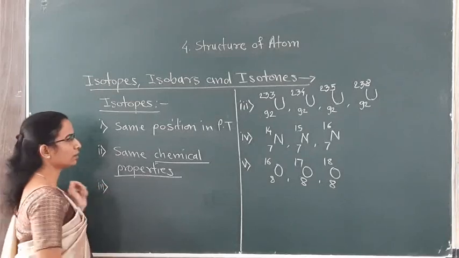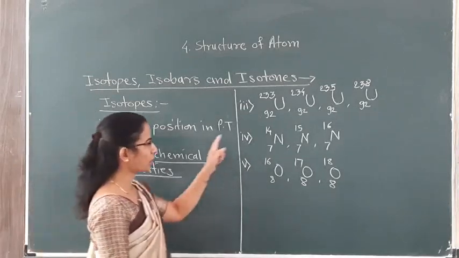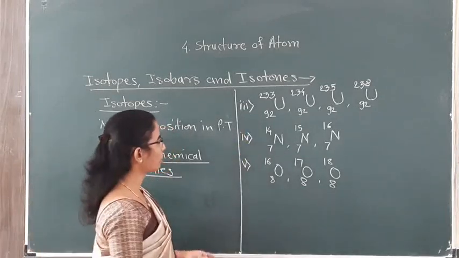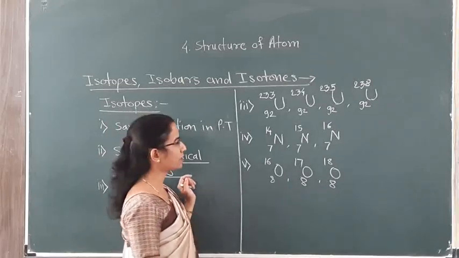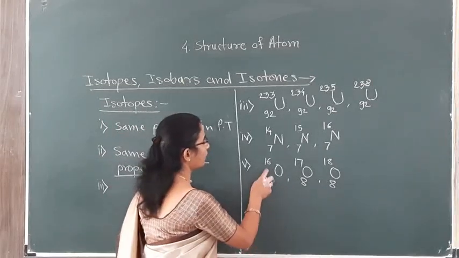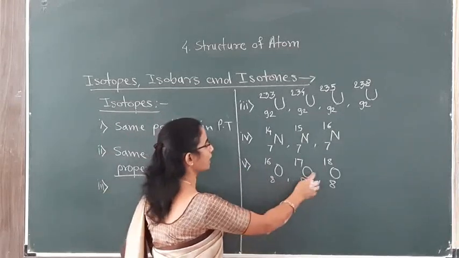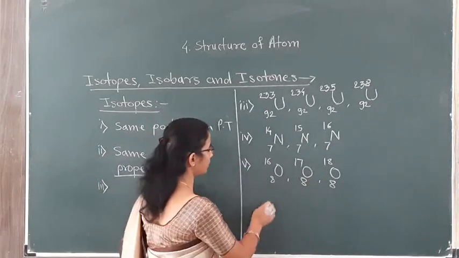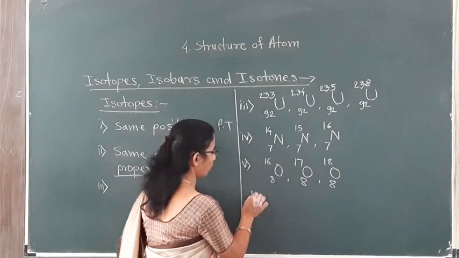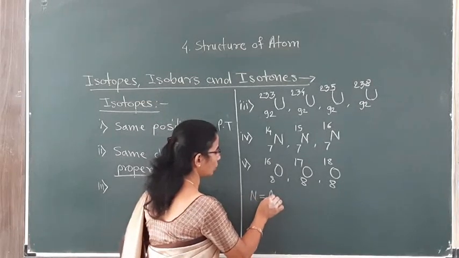Now let's see the third characteristic. Just count the number of neutrons present in these isotopes. I will show you the number of neutrons present in the different isotopes of oxygen. How the number of neutrons is calculated, you know the formula.